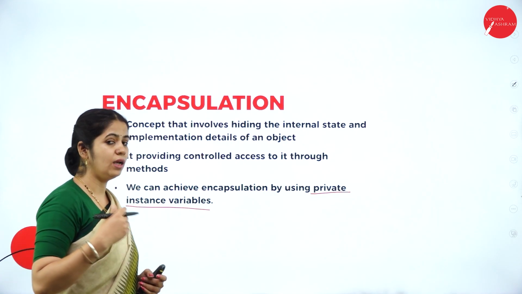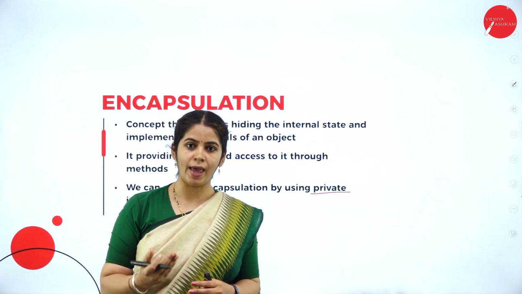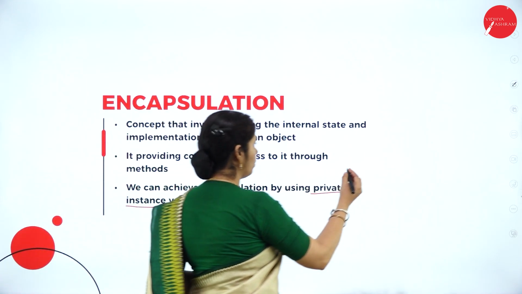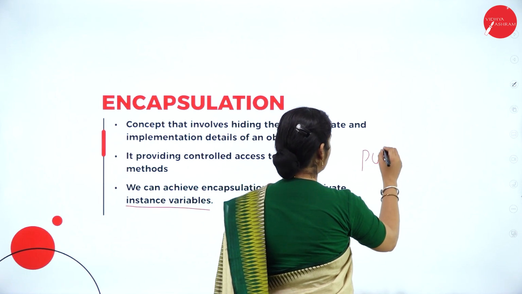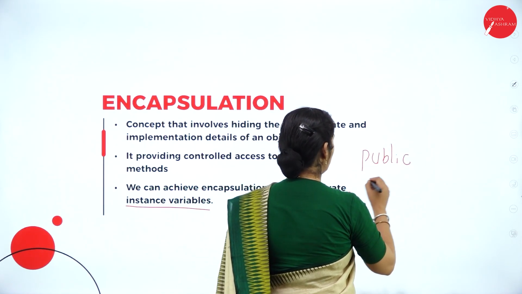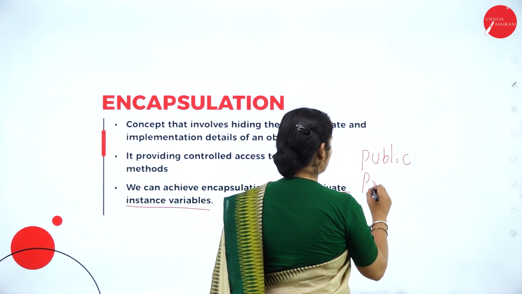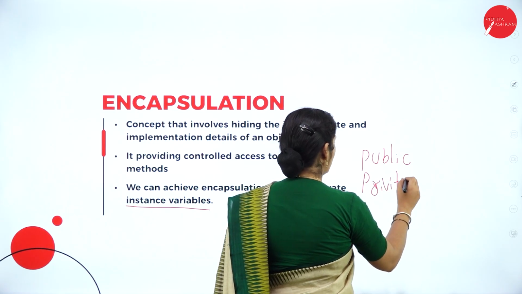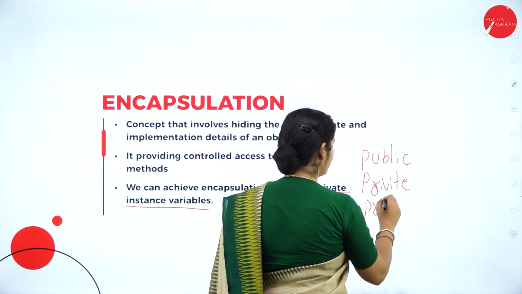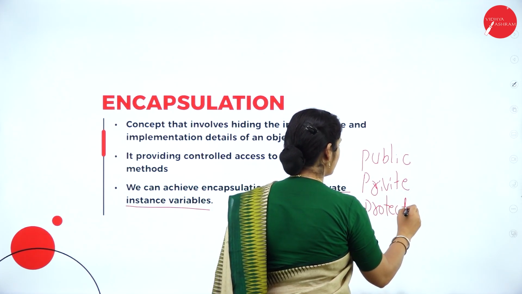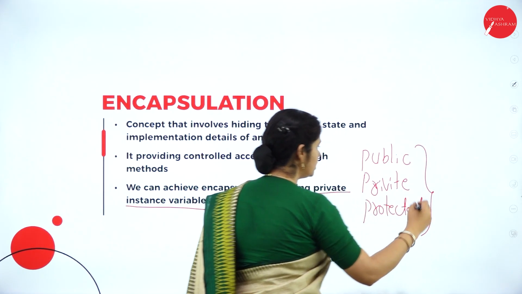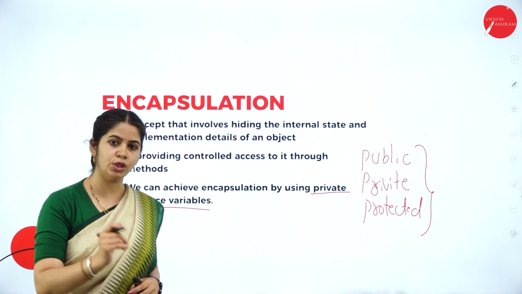We already know there are three types of access specifiers in object-oriented programming. One is public, private and protected. These are the three access specifiers we have in the object-oriented concept.